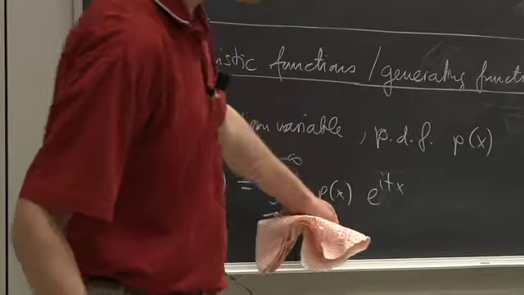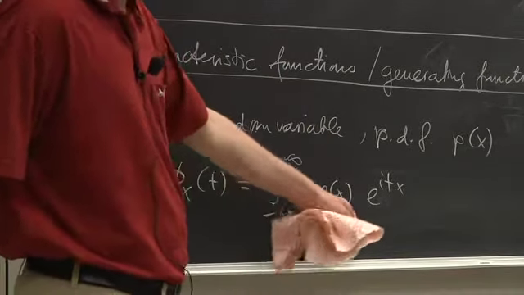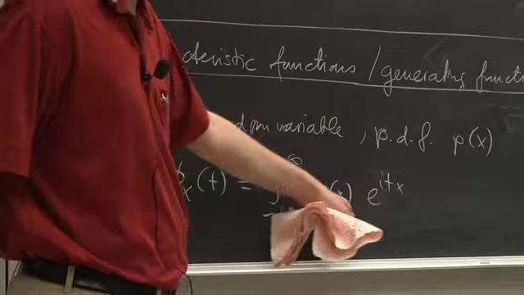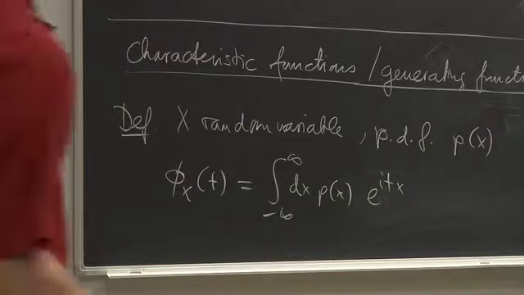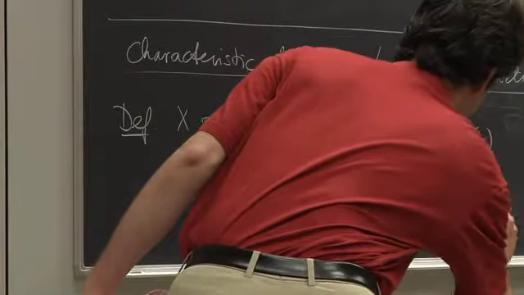So I just take sort of the Fourier transform of this weight function, of the probability weight, right? So this is a Fourier transform if you want.